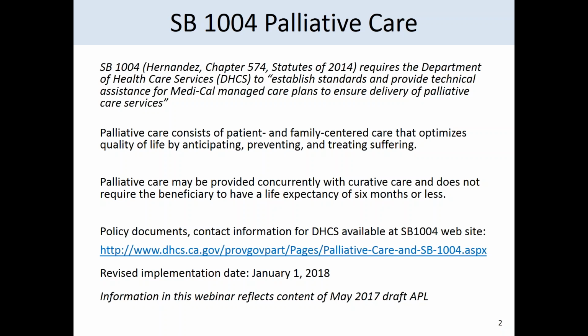Policy documents, contact information for DHCS, and other materials related to the implementation of SB 1004 can be accessed at the SB 1004 website, and I've given you the URL there. As of today, it is my understanding that there is an implementation date of January 1st, 2018, though I'd encourage those of you with health plans to use your usual mechanisms for interacting with the state managed care division about release of APLs, and you may in fact have more up-to-date information than I have.